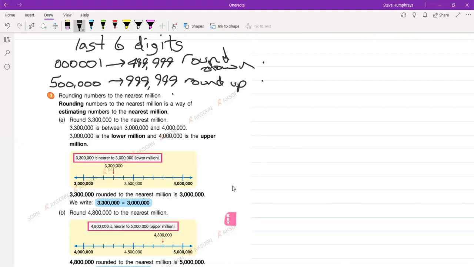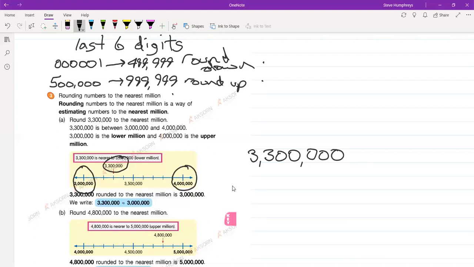Okay, the number they give us, round 3,300,000 to the nearest million. This is your lower million, 3 million. This is your upper million, 4 million. The number they give, 3,300,000.